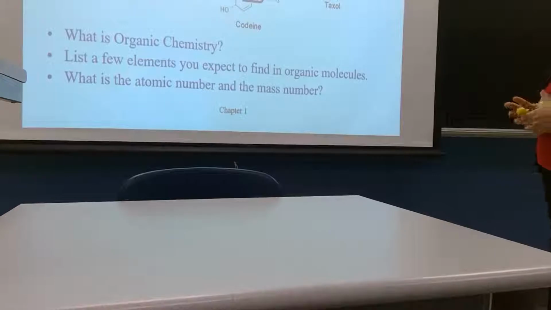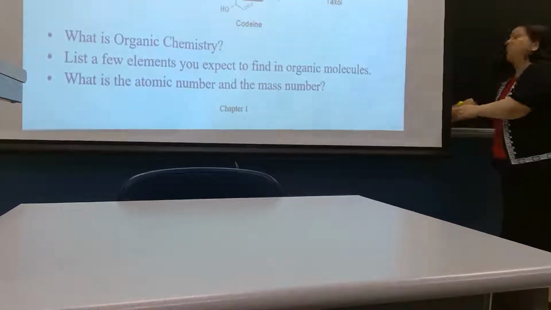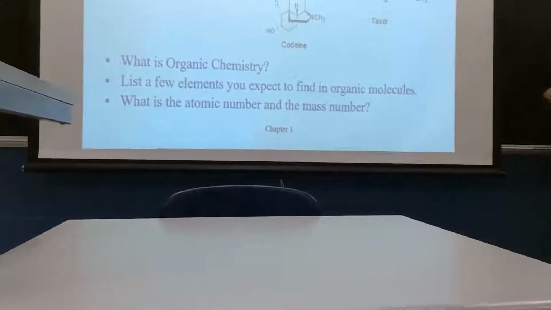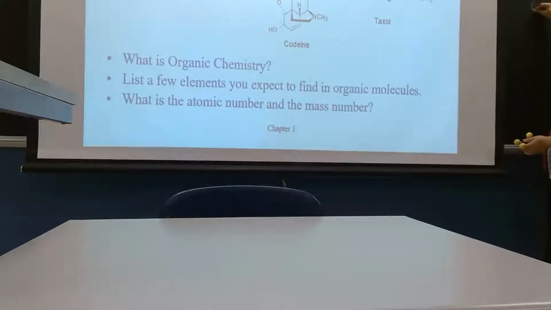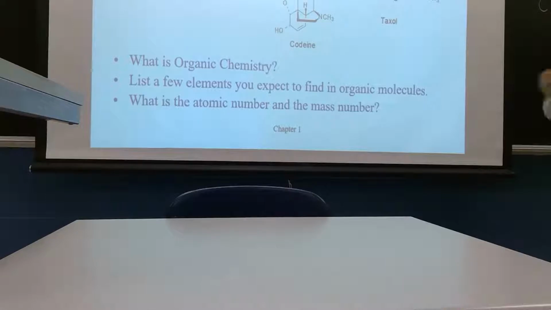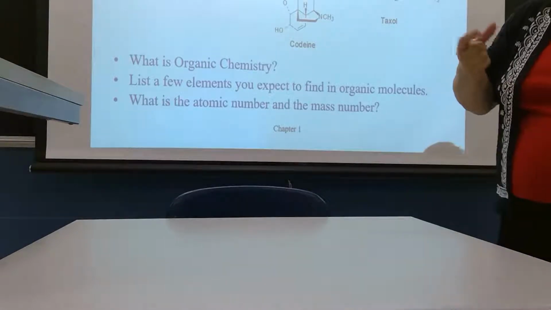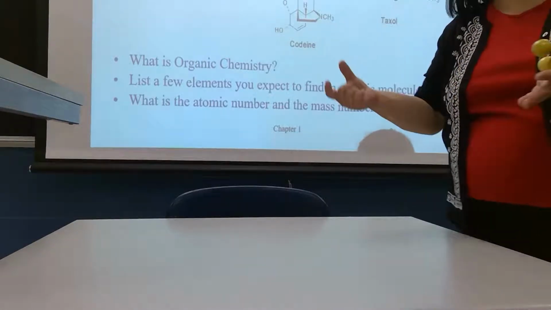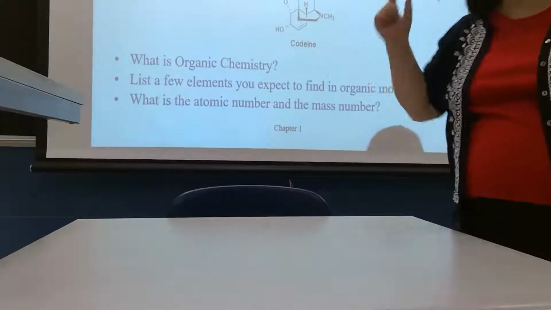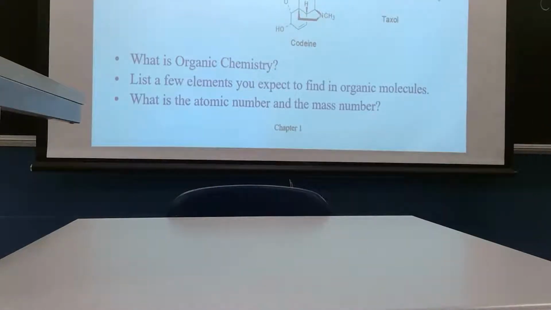So a compound is organic if it contains carbon. We call it organic because a long time ago, all these compounds were isolated from living things. But now we can synthesize all organic compounds.